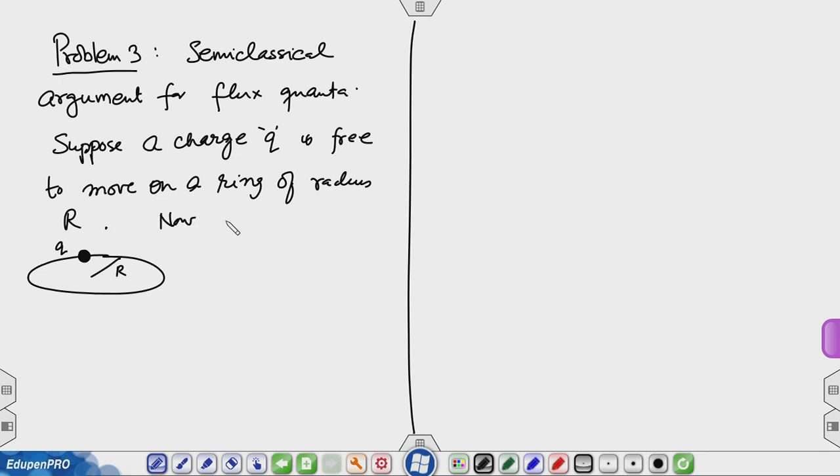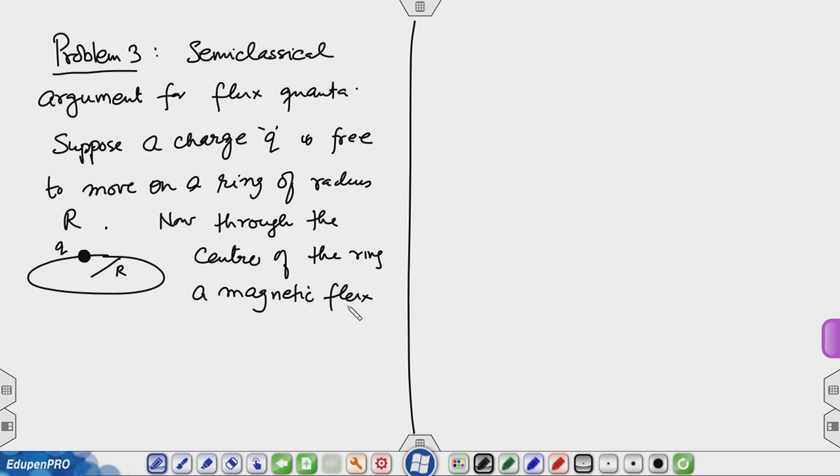Now, through the center of the ring, a magnetic flux phi is passed.